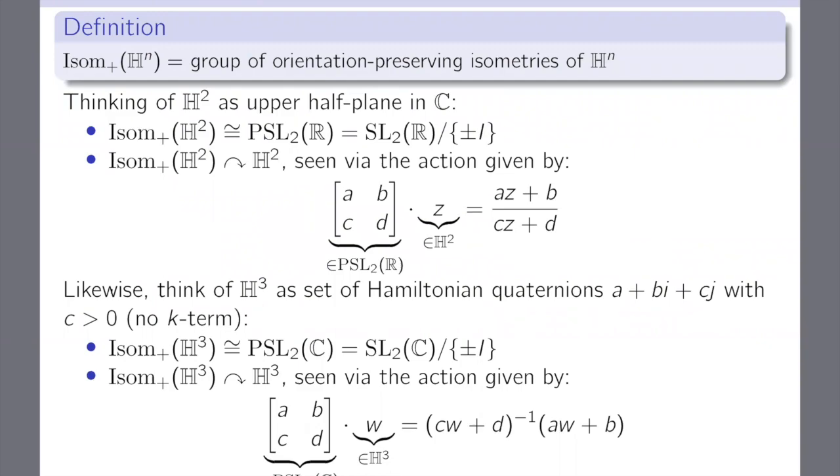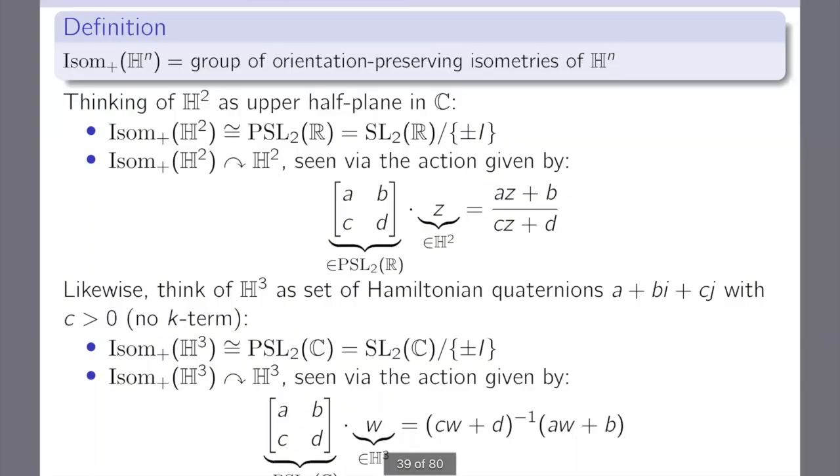Okay, so the orientation preserving isometry group of hyperbolic n-space, Isom+(H^n), that's how we denote it. We're going to think of H2 being modeled by the upper half plane here. So what are the orientation preserving isometries of the upper half plane?